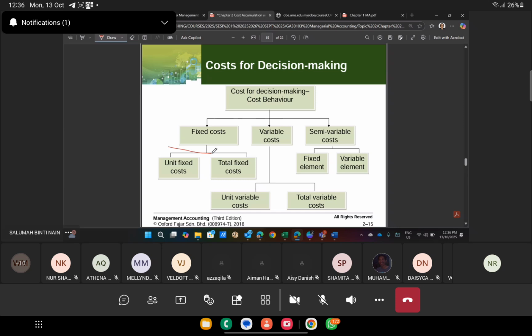Because we want to find out what are the fixed costs to produce this item, what will be the variable cost, and is there any semi-variable cost? So at the end, what we want to find out is what will be the cost per unit.